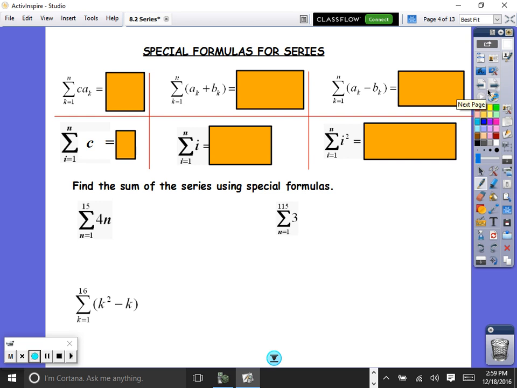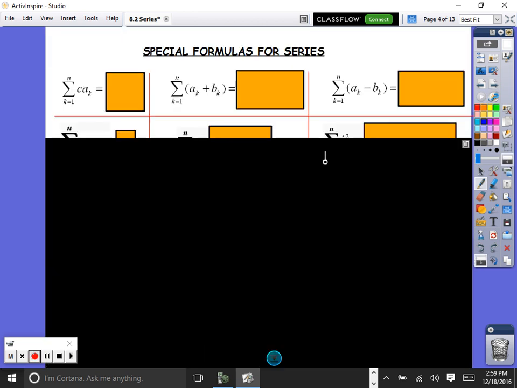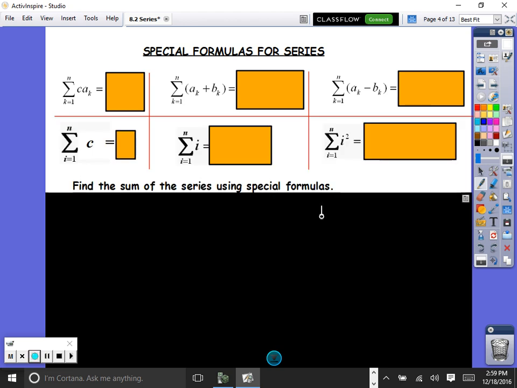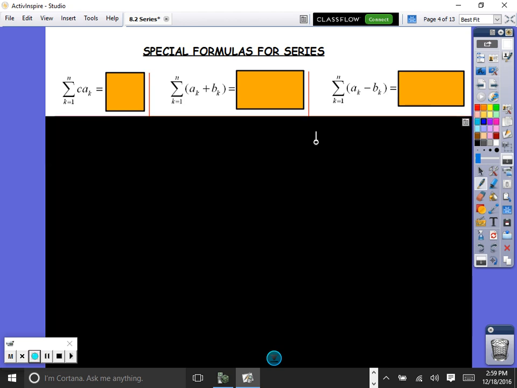Now we do have some special rules that will calculate the sum of different series, and I really think there's only a couple here you need to know. Some of them I think just make complete sense. This one says when I'm going to add up terms of some rule times a constant, it simply means take the constant times the sum of the rule.